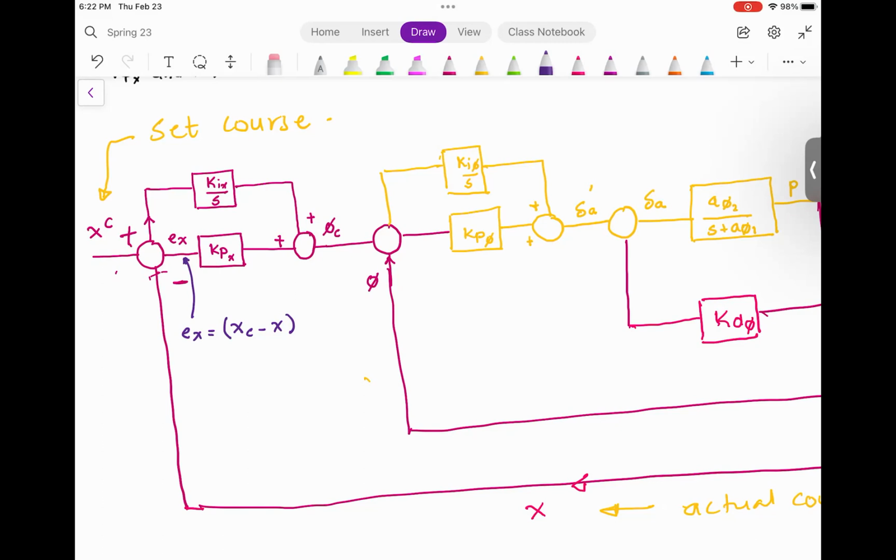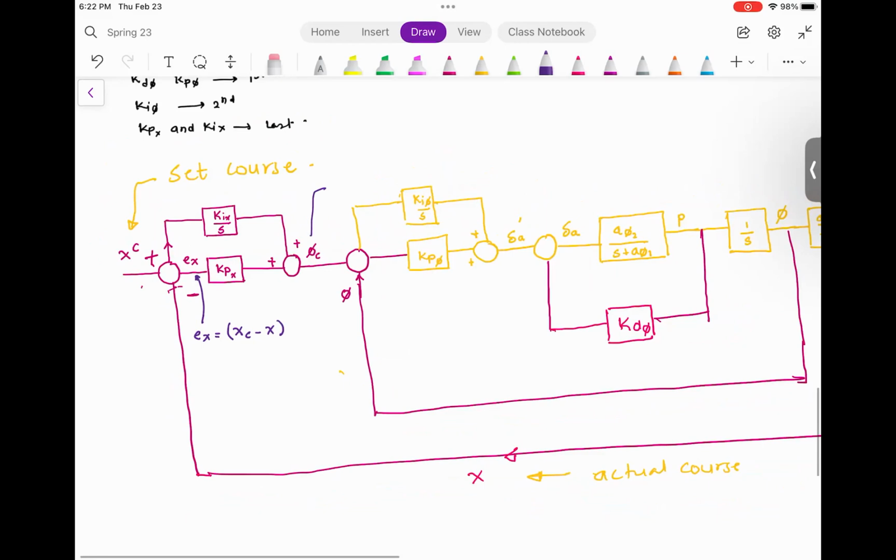And once you feed all that, you have this phi c, which is the commanded roll input. This is the commanded roll.